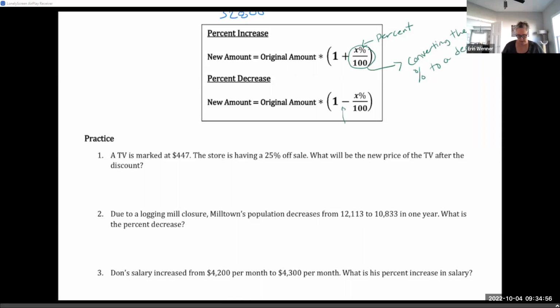So if we look at number 1, it says the TV is marked at $447. The store is having a 25% off sale. What will be the new price of the TV after the discount? So we're doing a percent off sale, so this tells us we're going to be dealing with a percent decrease. It asks what the new price will be after the discount, so we don't know the new price.